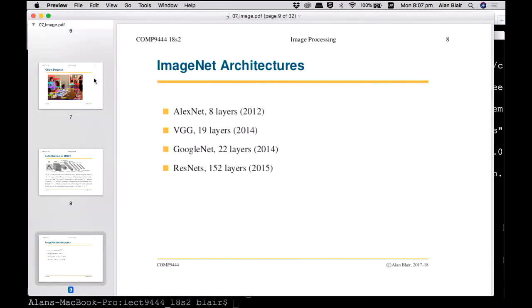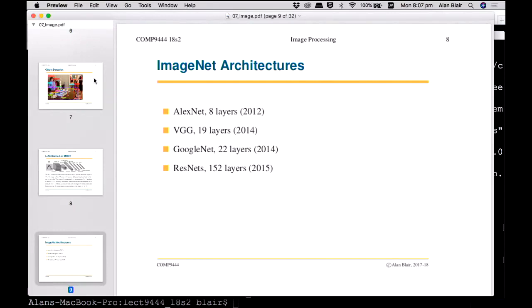Right, so this is a little bit of a history of this ImageNet competition and the different architectures that won it in different years. The winner in 2012 was AlexNet, which had 8 layers.